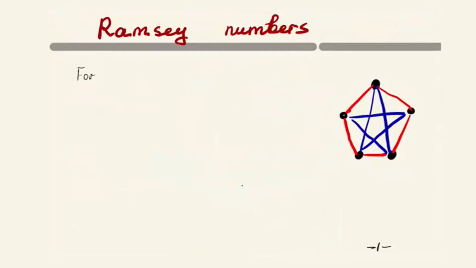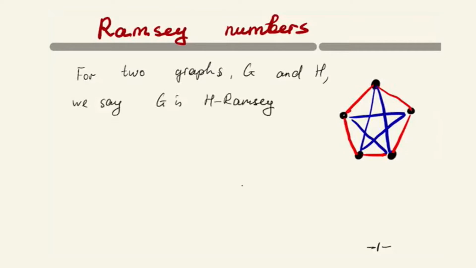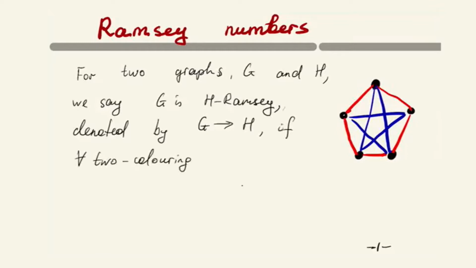For two graphs G, H, we say G is H-Ramsey, and I will denote it by G arrows H, if in any two-coloring of edges of G, there exists a monochromatic copy of H.